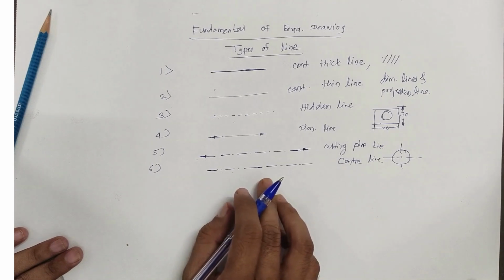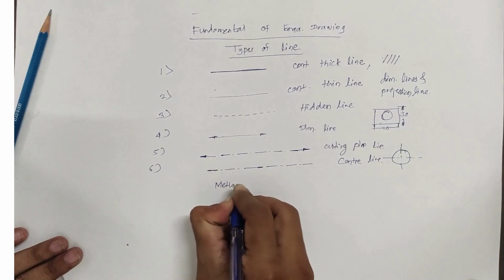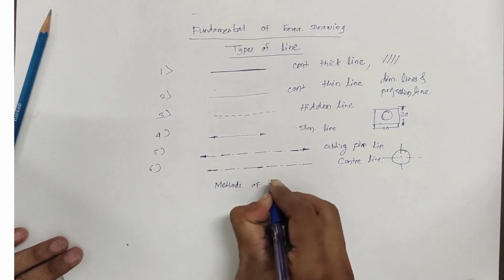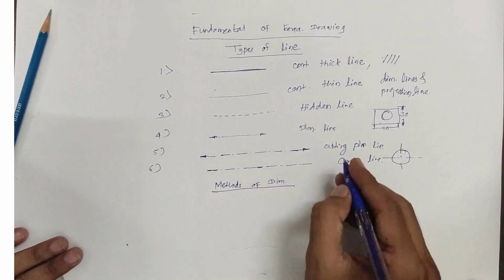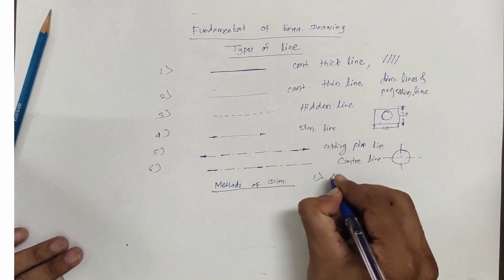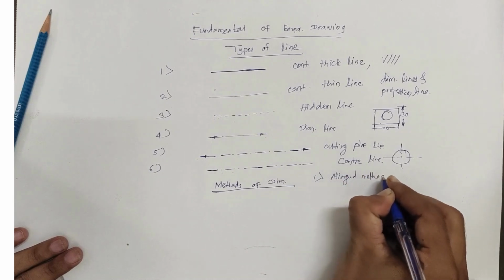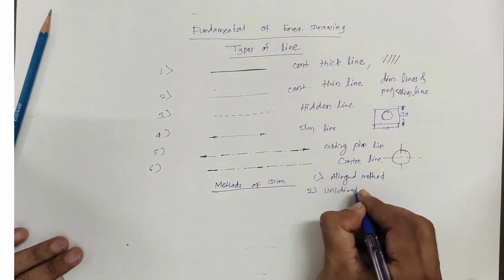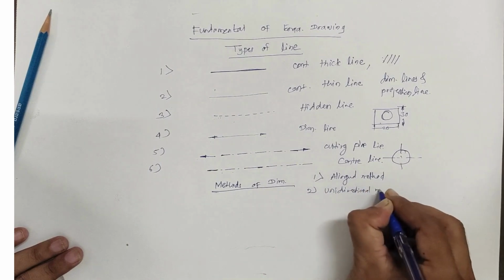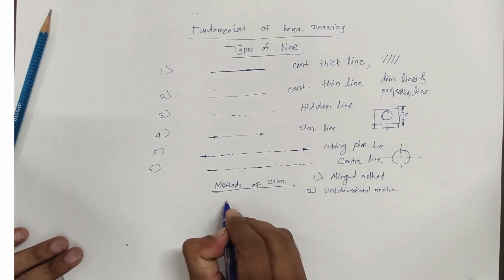Then next, what are the various methods of dimensioning? Basically two methods. One is the aligned method, and the second one is the unidirectional method. I'll show and explain with the help of an object.